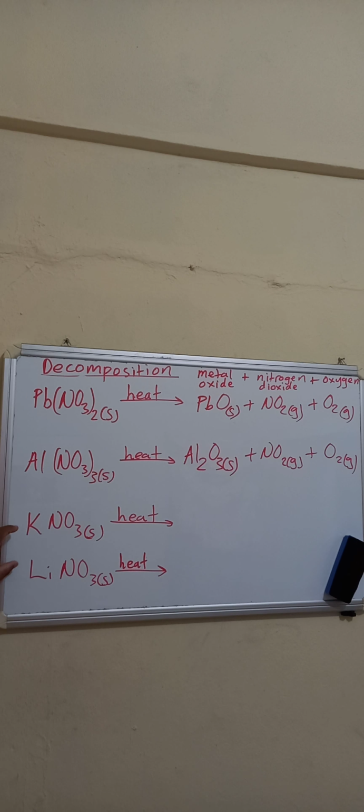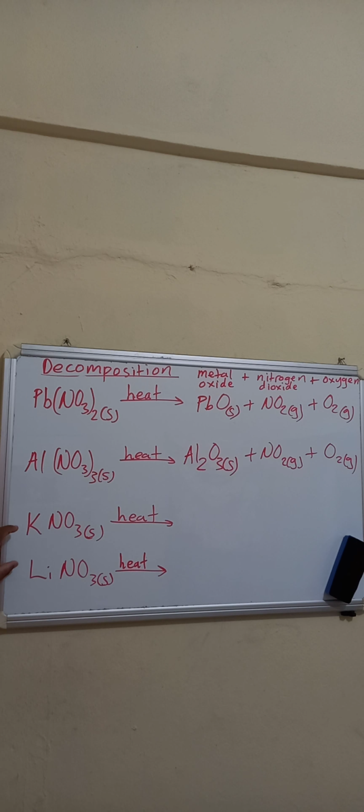So when you heat the metal nitrate, you are going to get the metal oxide, nitrogen dioxide, and oxygen. But the exception is group 1.